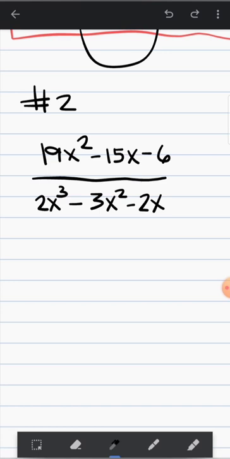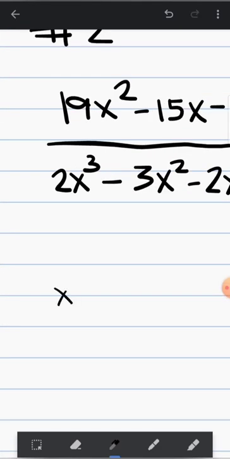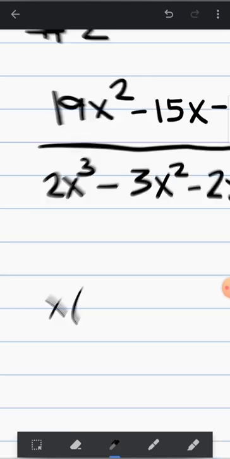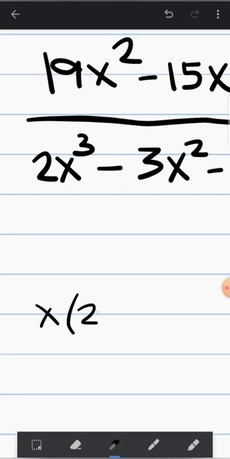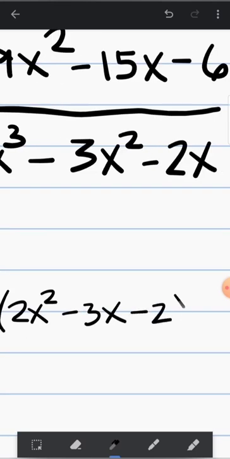Anyways, 2x cubed minus 3x squared minus 2x has a common factor x, so we can factor x out and we're left with 2x squared minus 3x minus 2.